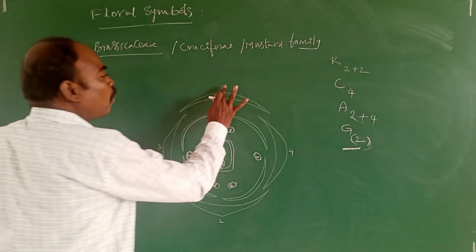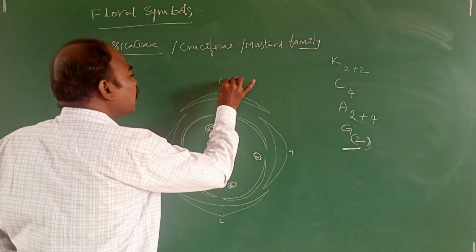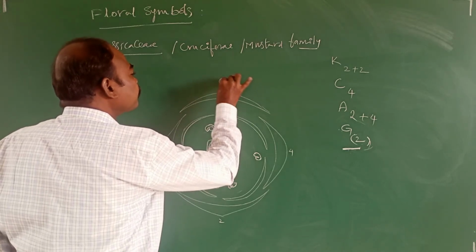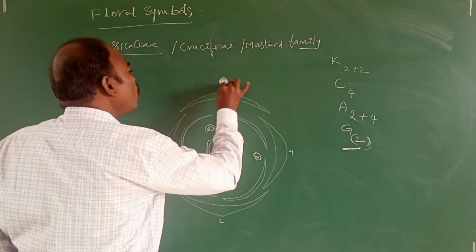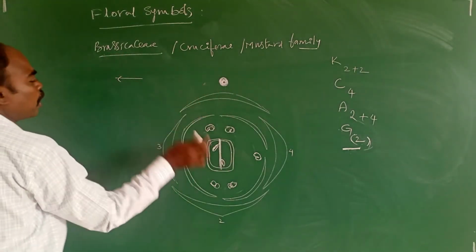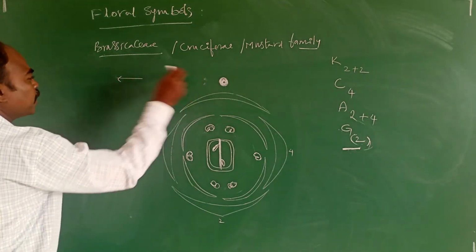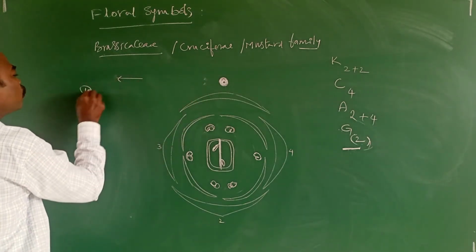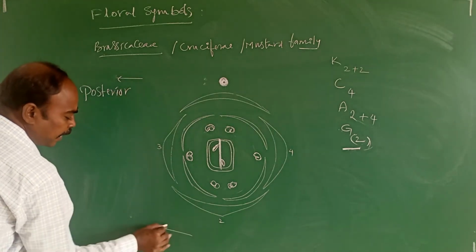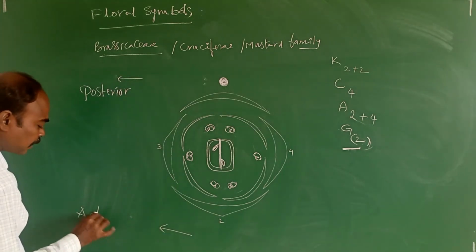And one more important point: a circle or dot at the topmost place indicates the position of the flower. What is the position in this? Posterior side. This side is anterior side.